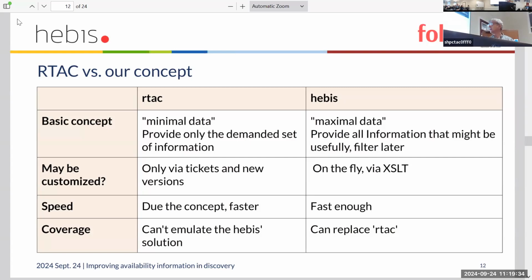In our system, the transformation is with XSL transformation, and each library that has additional needs or would change something can just upload their own style sheet, and then the change is immediately available.